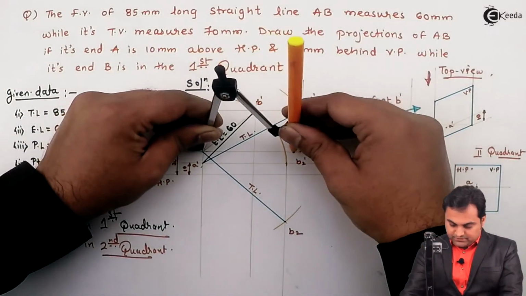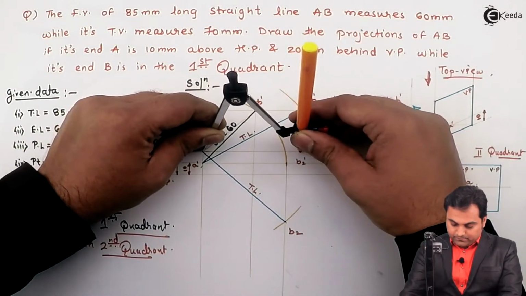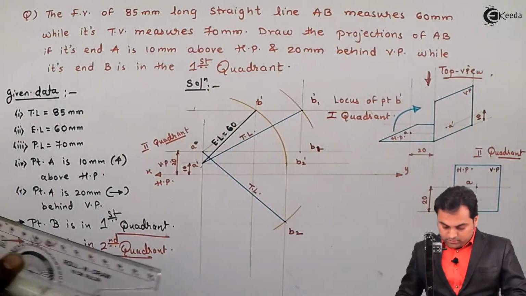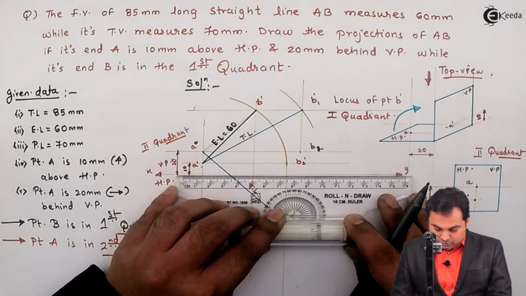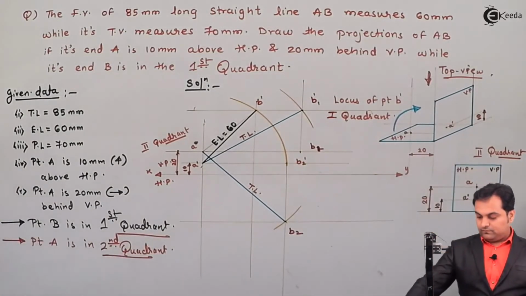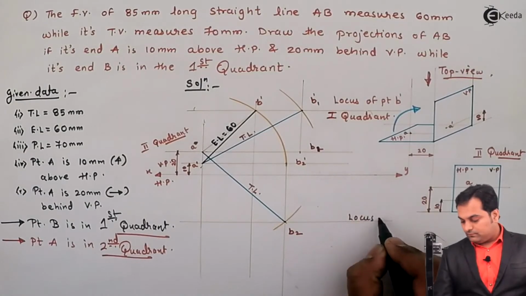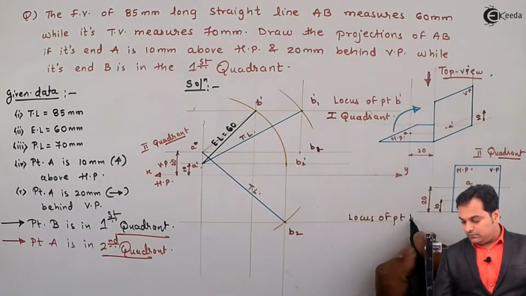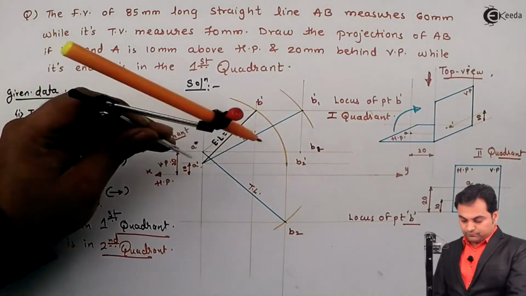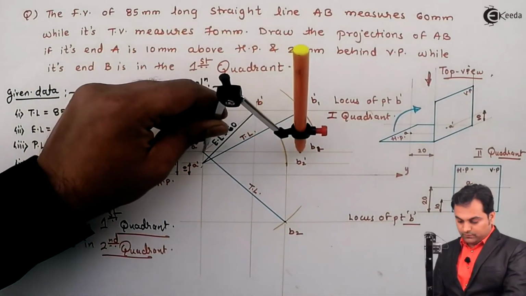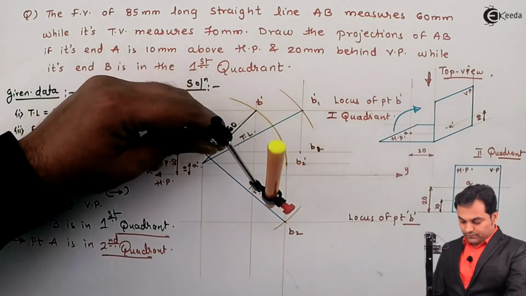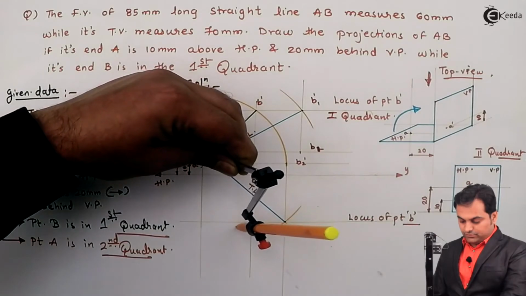So again, in a similar manner, now I'll measure the distance from A to B1 because that is the PL, and drawing a locus through point B2, locus of point B, measuring the distance A to B1. I'll transfer this distance onto the locus.